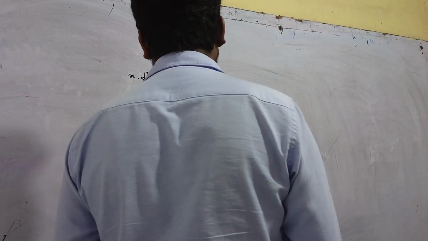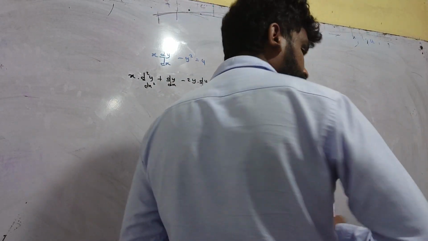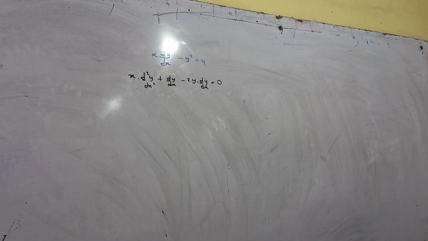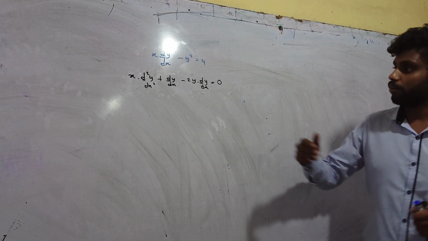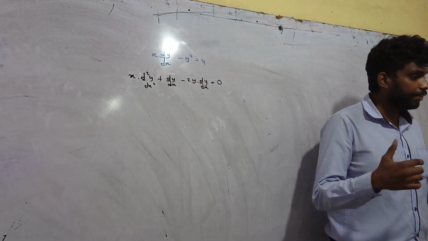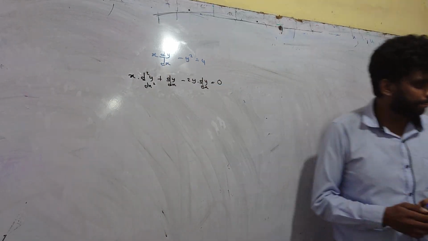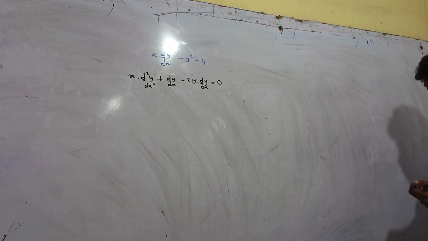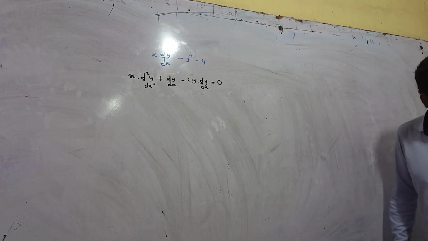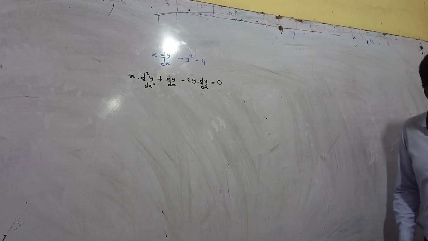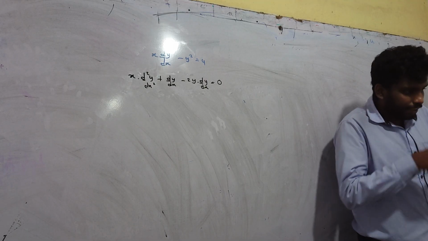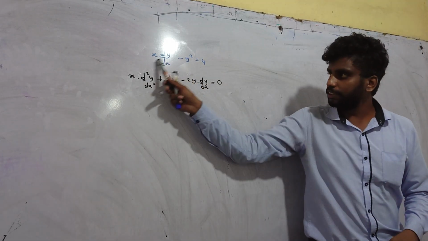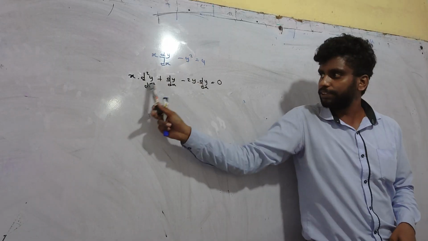Okay, in this case, what did I do? I differentiated both sides with respect to x. This is a multiplication. Don't you remember, I gave you the formula for that? One of them is differentiated, this is kept outside, and the other one is differentiated.